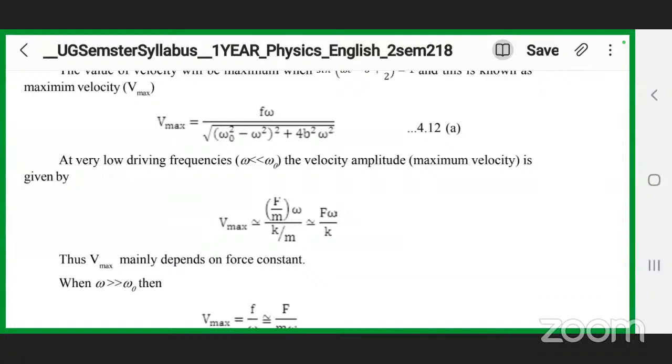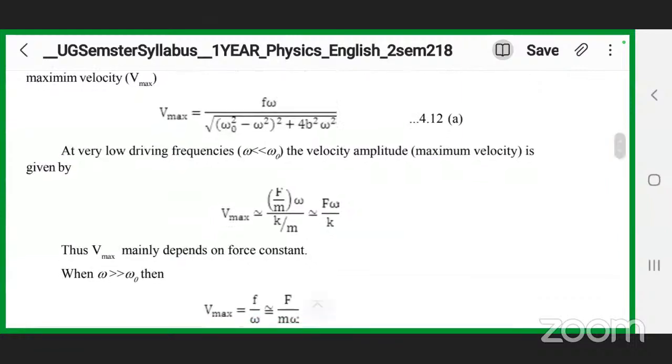What is k by m? We discussed previously that it is omega naught squared. By substituting, m gets cancelled, and the remaining is F omega by k. So this is for very low driving frequency. That means the maximum velocity of the forced oscillator depends upon the applied force F, because k is constant and omega is also constant.